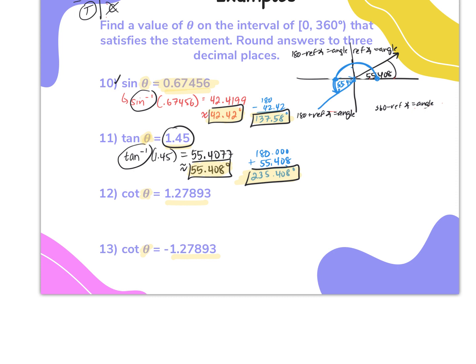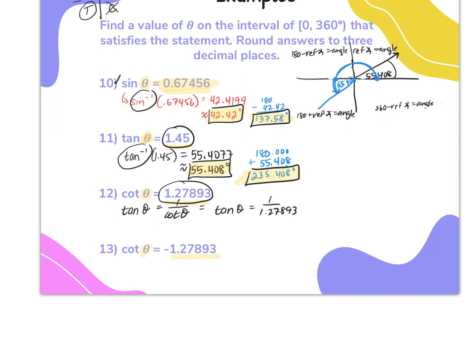Okay, so that makes it a little bit harder, but remember that we have a reciprocal function that says the tangent of theta is equal to 1 over the cotangent of theta. Okay, so I know that the tangent of theta is going to be equal to 1 over whatever the cotangent of theta is, so that means 1 over 1.27893.